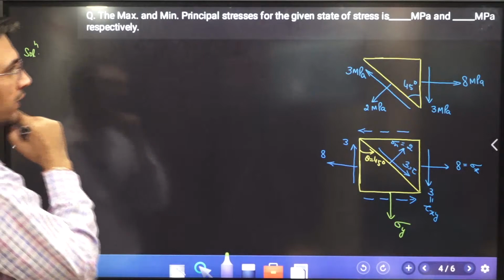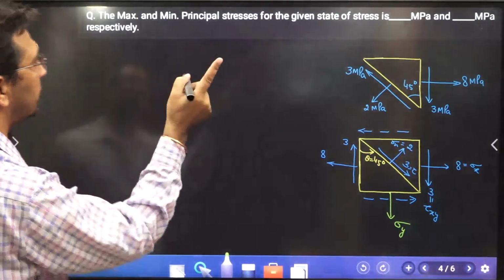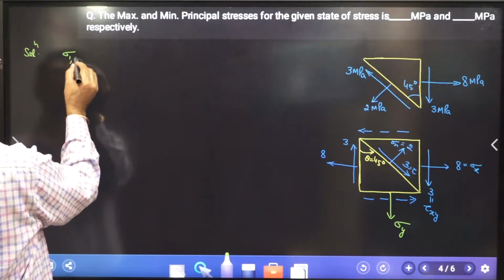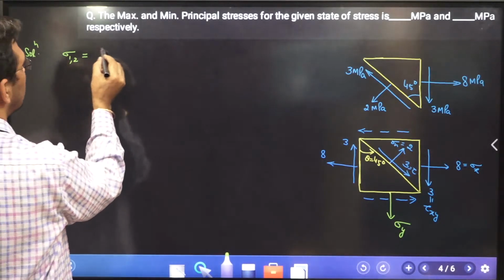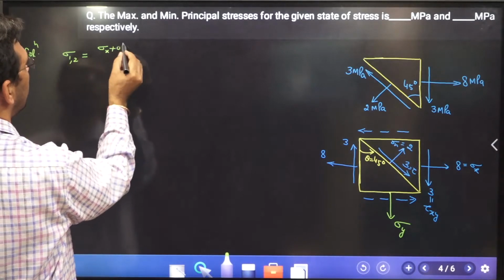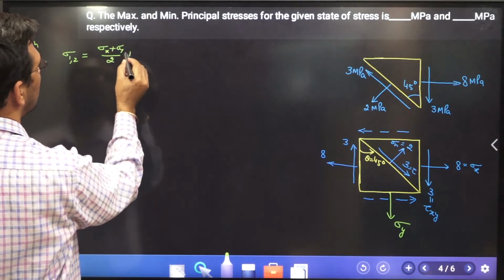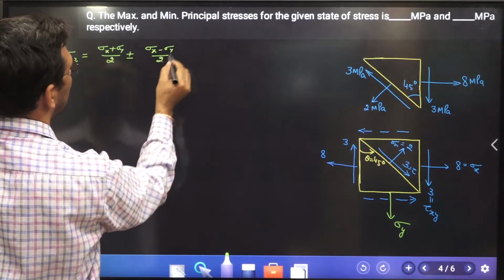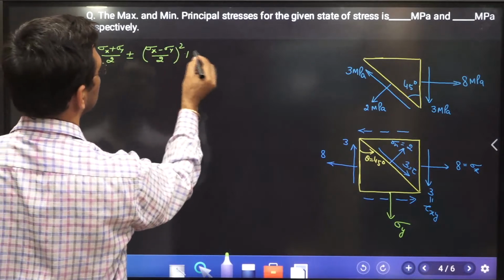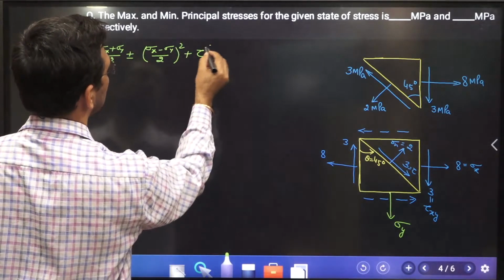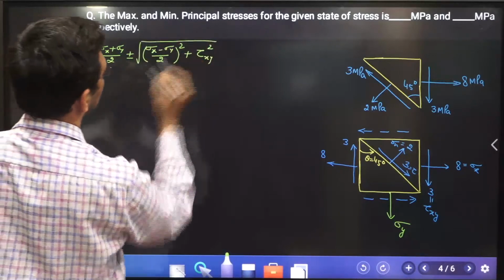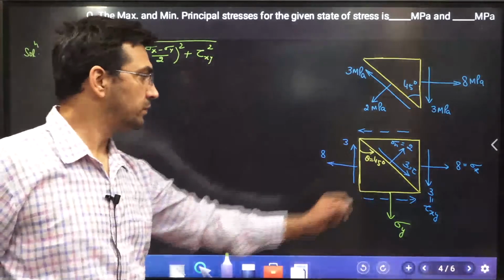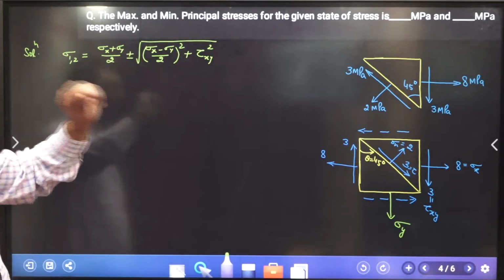Then if that be the case, it becomes pretty easy now. I want the maximum and minimum principal stress, which is given by sigma x plus sigma y divided by 2, plus or minus the square root of, sigma x minus sigma y divided by 2, squared, plus tau xy squared. I need tau xy, which I know.